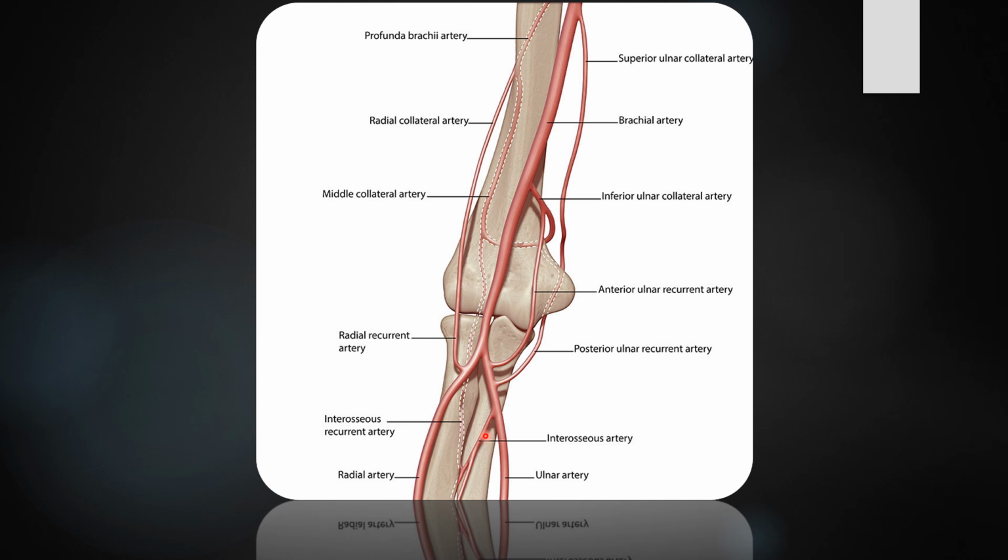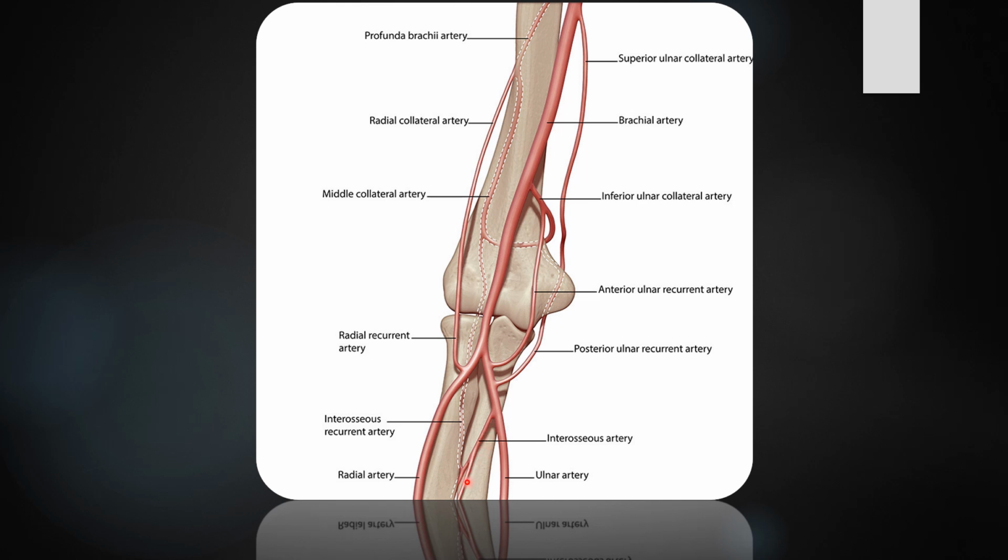The anterior and posterior ulnar recurrent arteries are involved in the anastomosis around the elbow joint, and the other one is the common interosseous artery. This common interosseous artery divides into the anterior and posterior interosseous arteries at the upper border of the interosseous membrane.